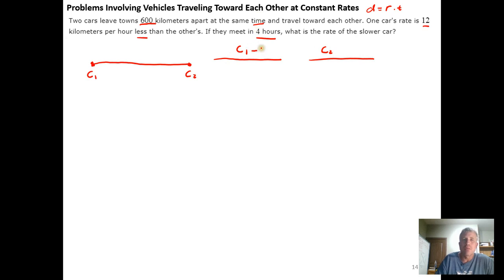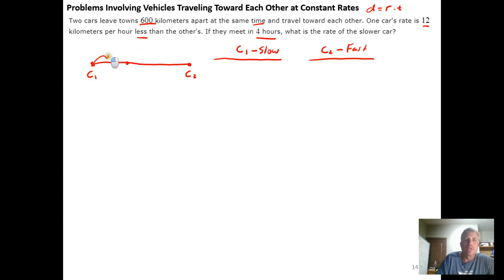And it doesn't matter which one you choose. So I'm going to make car 1 the slow car, which makes car 2 the fast car. And then they're going to meet. And if car 1 is the slow car, he will have gotten not quite as far away from his town as the other car has. So they'll meet somewhere closer to town 1, which is where car 1 started.